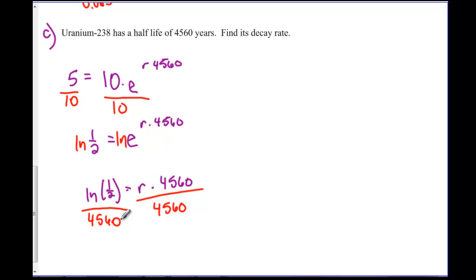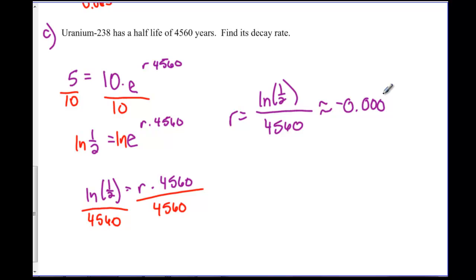Yeah. All right, so technically we have r equals natural log of 1/2 over 4,560. I'm going to actually round that up to 2. Is that okay? So your calculator spit out negative 1.52 and stuff times 10 to the negative 4.